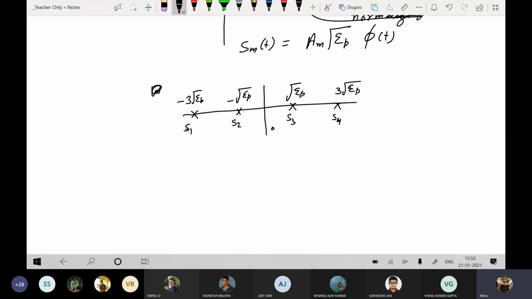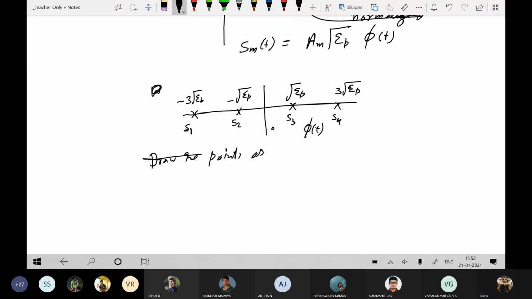Now you see that when we draw this, we mark the points, and this forms a recognizable shape. I can do this in 2 dimensions as well. So this is phi(t), this is important.